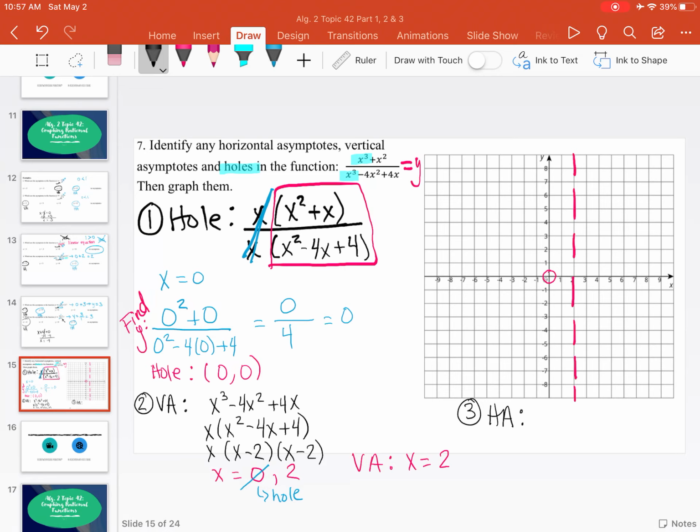Also, these highest powers are equal, so the degree of the numerator is equal to the degree of the denominator. So all I need to do is take those leading coefficients and divide them. In the numerator, there's a 1 here. In the denominator, there's also a 1. So my horizontal asymptote is going to be 1 divided by 1, or just y equals 1.